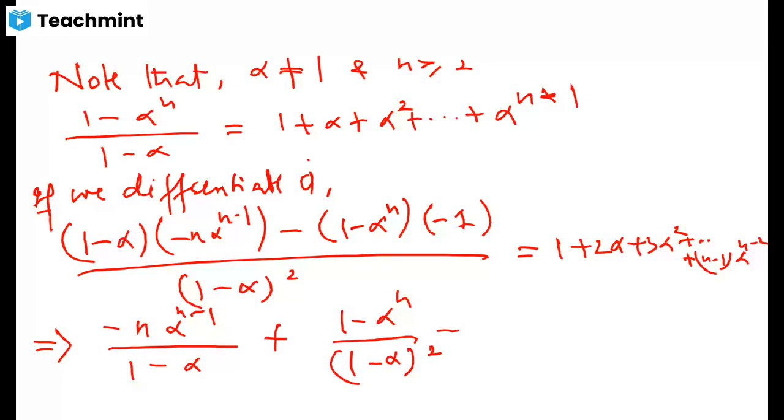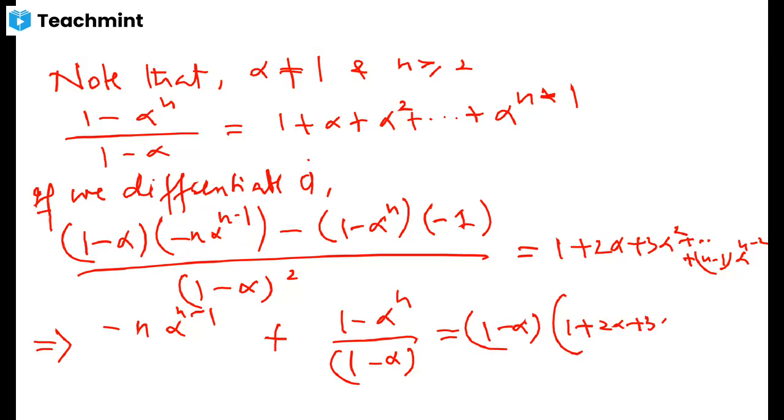So what I can do here is that from the denominator I can multiply 1 minus alpha to the right hand side, so that I will not be having this thing. I will be having this expression, and on the right hand side I will be multiplying with 1 minus alpha times 1 plus 2 alpha plus 3 alpha square plus so on plus n minus 1 times alpha to n minus 2.